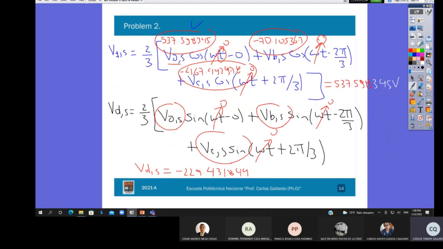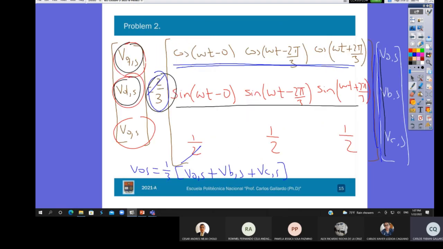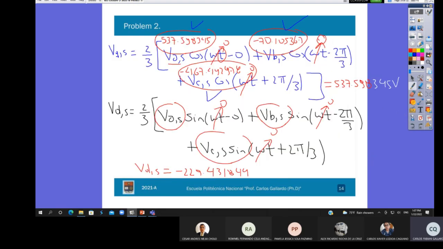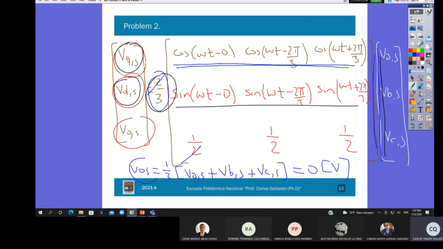Is this value. What is the voltage B? Is this value, and this is the voltage C. So I will sum up these values, and this is equal to 0 volts. This is the quadrature axis voltage, this is the direct axis voltage, and this is the zero axis voltage. So therefore, I have the three values.